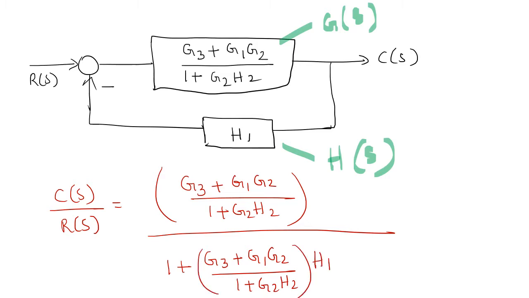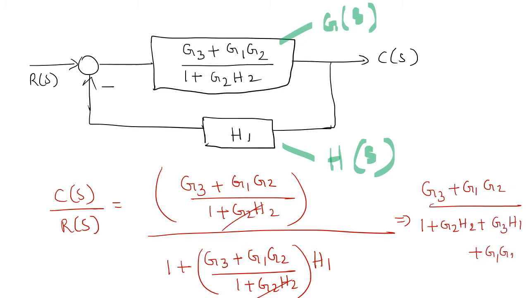We can further simplify this by taking 1 plus G2 H2 common from the denominator. So we get G3 plus G1 G2, and I cancel out the 1 plus G2 H2, so I remain with 1 plus G2 H2 plus G3 H1 plus G1 G2 H1. This will be my transfer function.